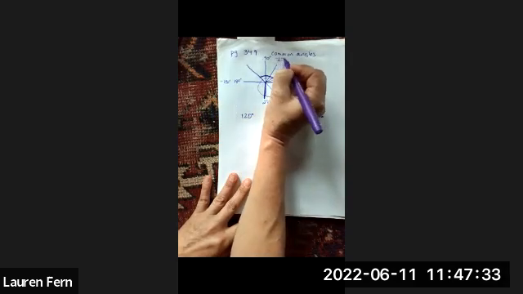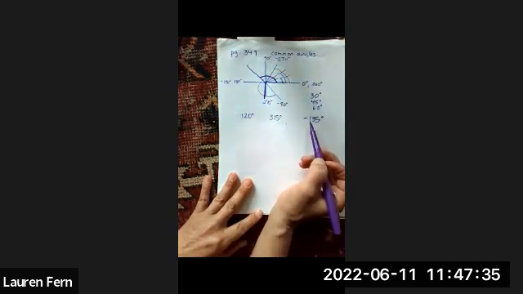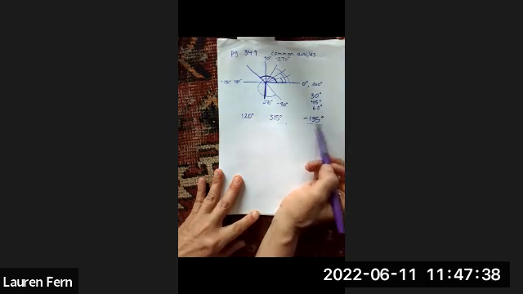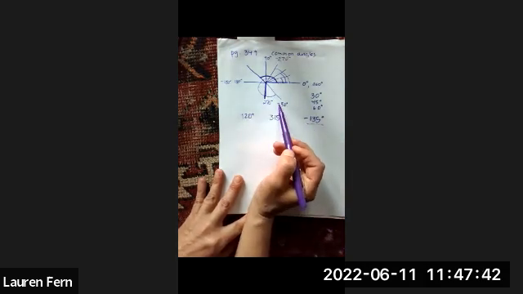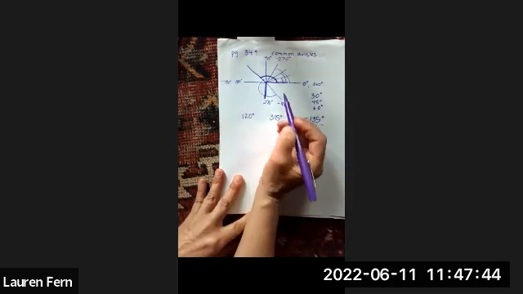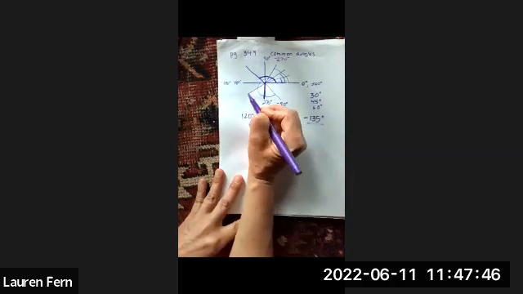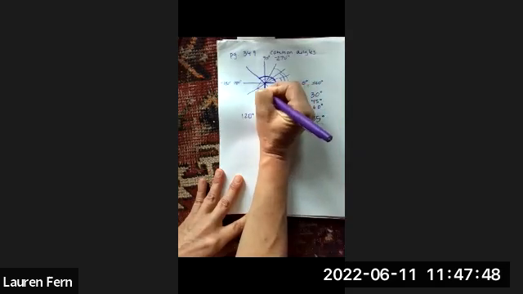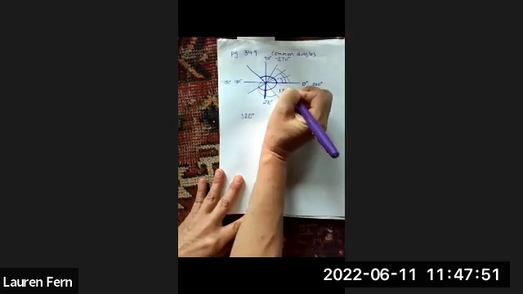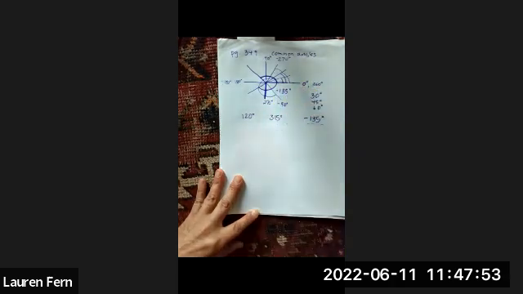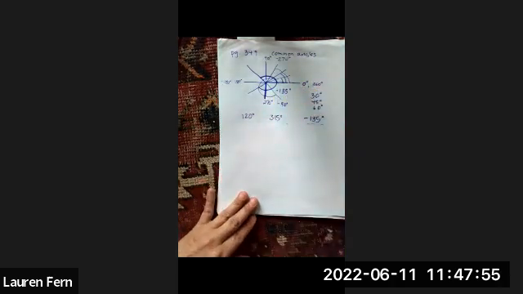This is the same as negative 270, etc. So if I was wanting to go negative 135 degrees, I know that that's between negative 90 and negative 180. So this angle right here would be negative 135 degrees.